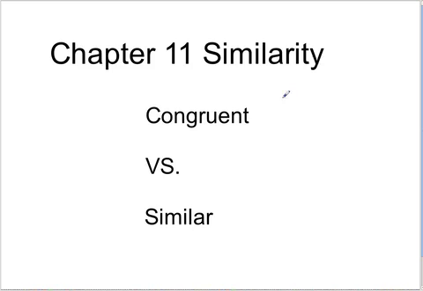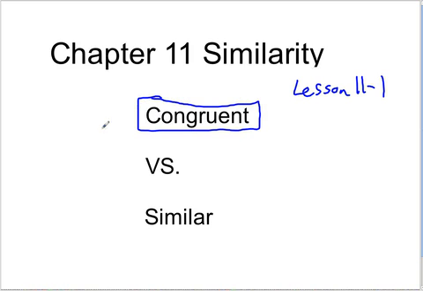This is chapter 11, lesson 1, and in chapter 11 we are going to talk about similarity. So this is lesson 11.1. Now, the entire year in geometry we have been working with this idea of congruency.